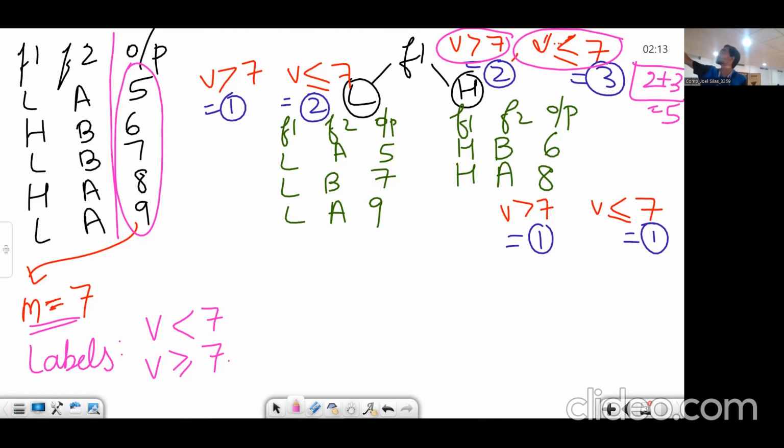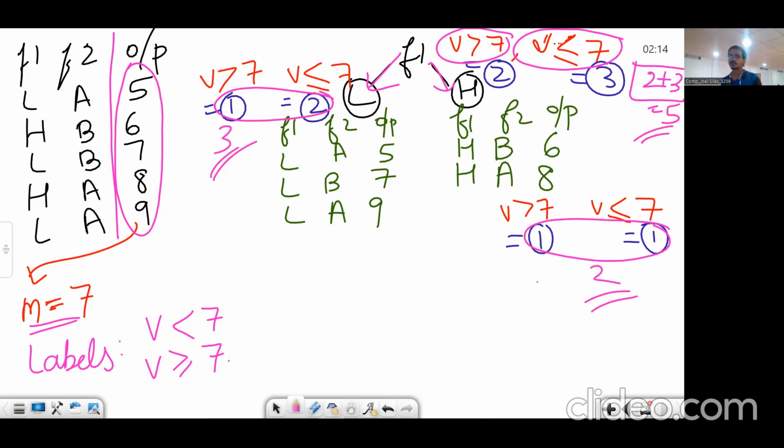When they go into the left and right branch, this number 5 should remain constant. That means the summation of this is 3 and the summation of this is 2, and 3 plus 2 is equal to 5. So this is how we have reached till here.